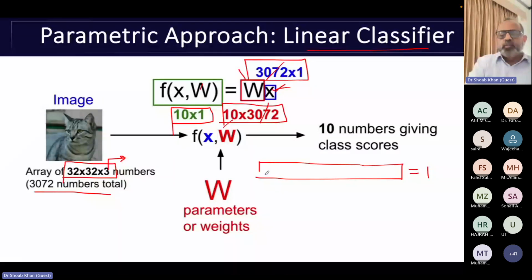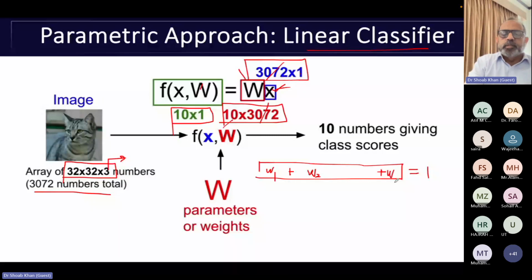So there is weight W1, which is the model weight, then there is weight W2, and then there is going to be weight 3072.